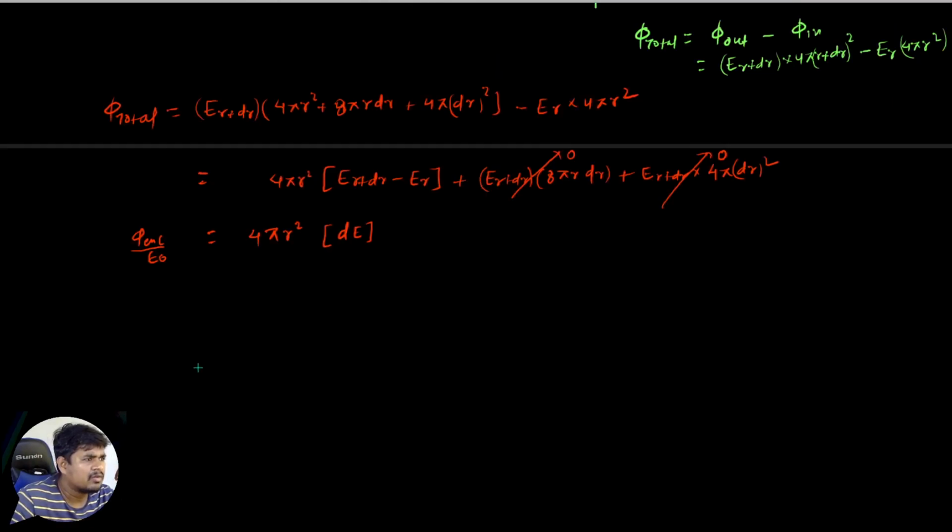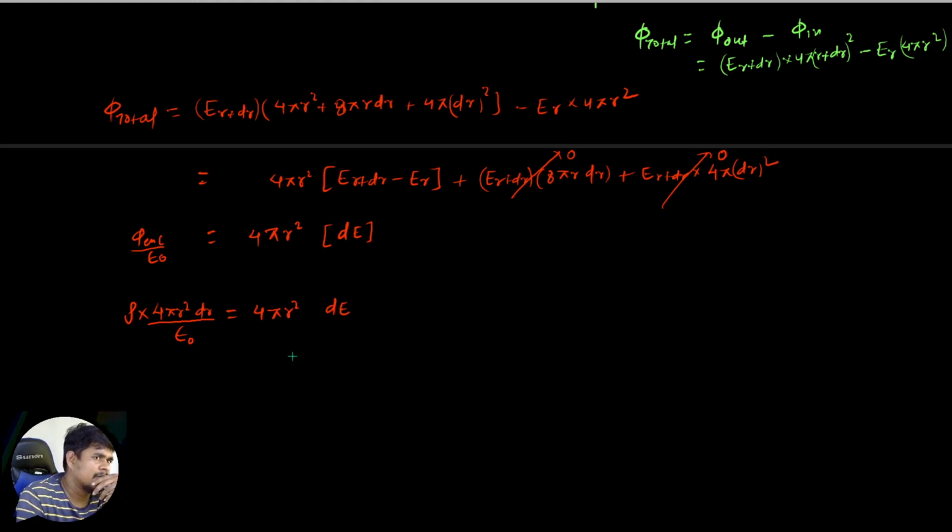Now for Q enclosed in this small volume, I will assume rho to be almost constant, so Q enclosed is rho into the volume of that section, 4 pi R square dr. Divided by epsilon naught, that equals 4 pi R square times dE.